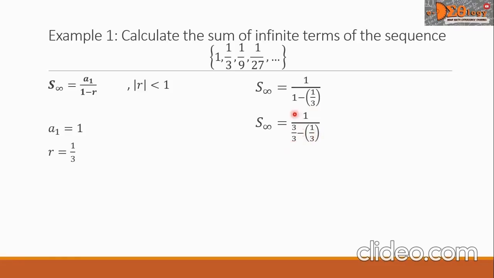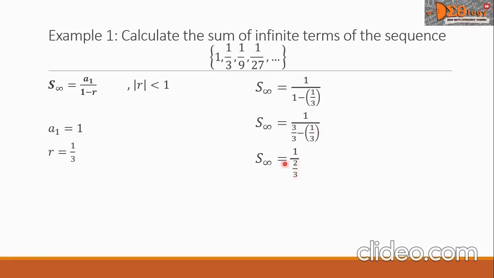So we have this value 1 is equal to 3 over 3. And then we can see now that our denominator has a difference of two fractions with the same denominator. So we can simply operate on the numerators, and that is 3 minus 1, and that is 2 over 3.